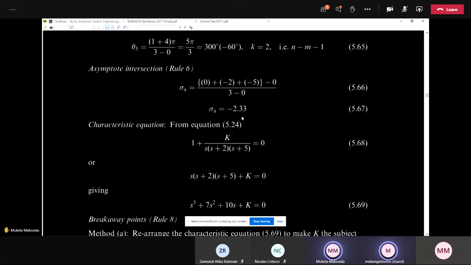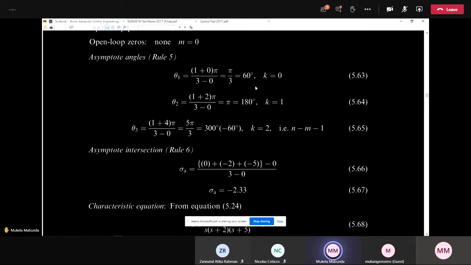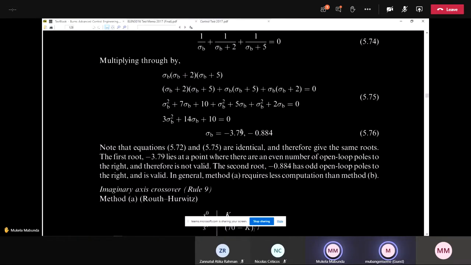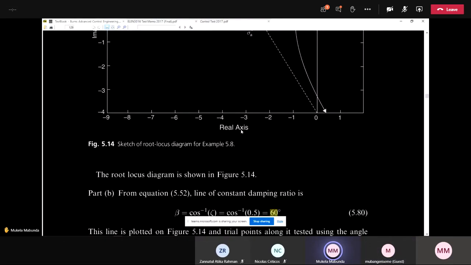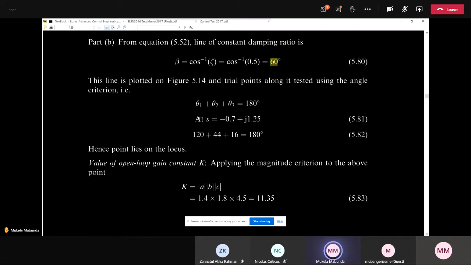I think it's from here, because 60 plus minus 60 will just give me 180. But the problem starts when they just give me this to say that at this we have our value for S, which is that point, which I don't understand how they prove it when they have these values here, which are different.